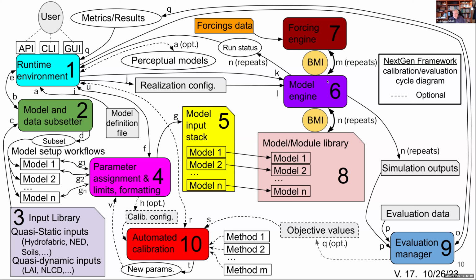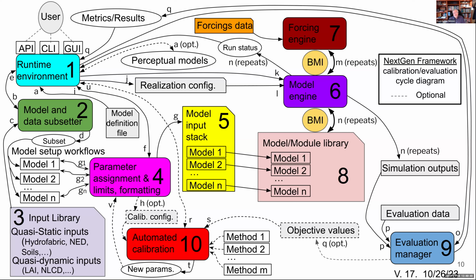The model engine would then pass those forcing variables on to the models that are running in the framework, and that process repeats. The frequency of repeat with the forcing engine could be different than the frequency that it repeats with the model engine, with the models in the library, depending on the desired output interval relative to the interval of the forcings data.